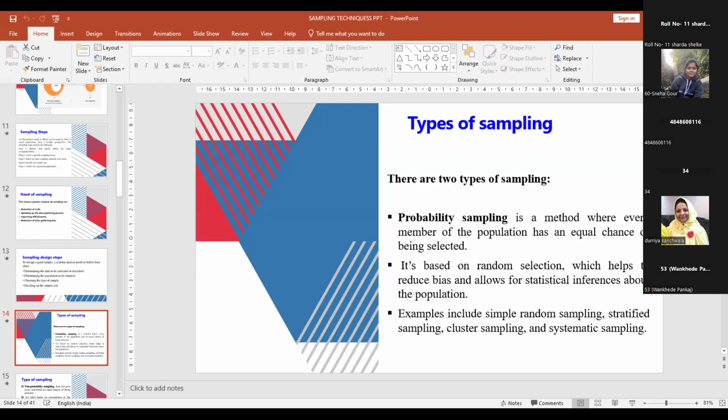Probability sampling is divided into four main types. It is a method where every member of the population has an equal chance of being selected. So everybody can participate. So this is what we can say is probability. It is also based on random selection, which reduces bias and allows statistical inferences.